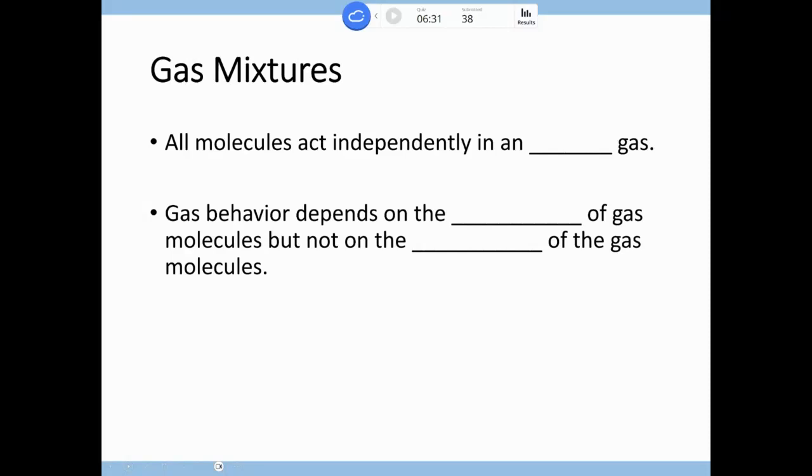So if you have a balloon that has helium and oxygen present, for example, we would say that all of the molecules are acting independently in an ideal gas. Gas behavior depends on the number of gas molecules, but not on the identity. So it doesn't matter if you have helium, oxygen, nitrogen, etc.